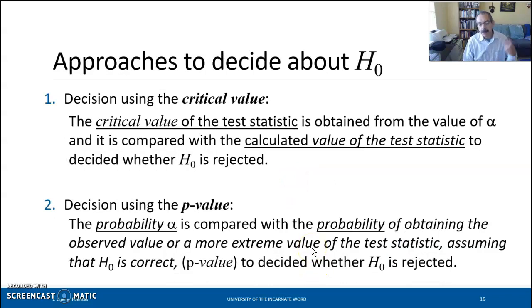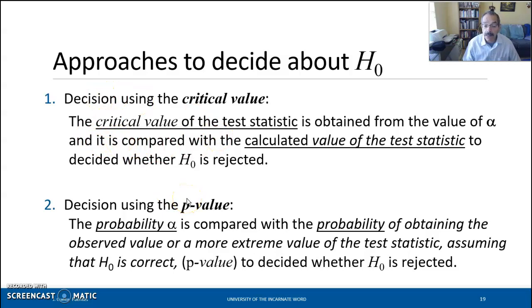So in fact, I just illustrated the two approaches we use to decide about the null hypothesis. One approach is called the critical value, where the critical value of the test statistic obtained from alpha, the significance level, is compared with the calculated value of the test statistic to make a decision about the null hypothesis.